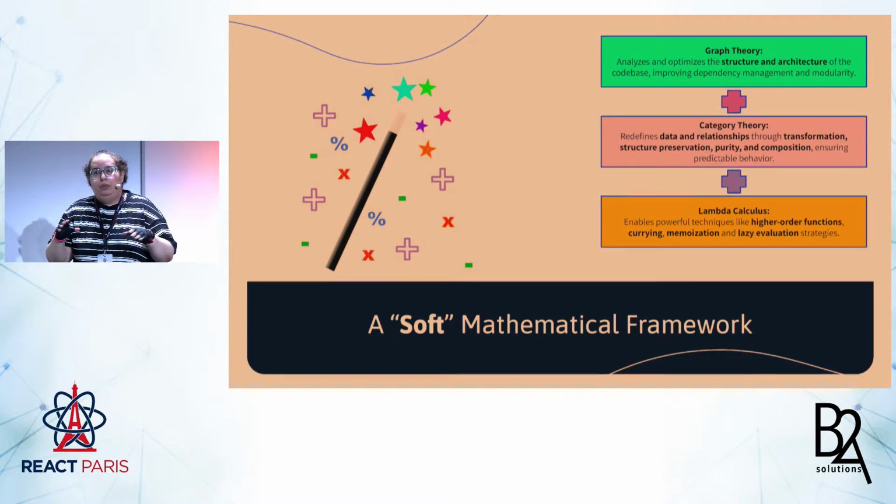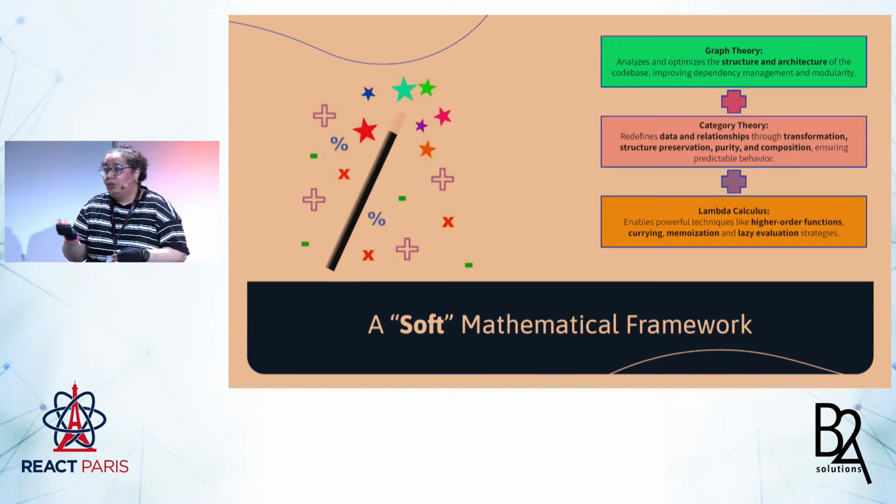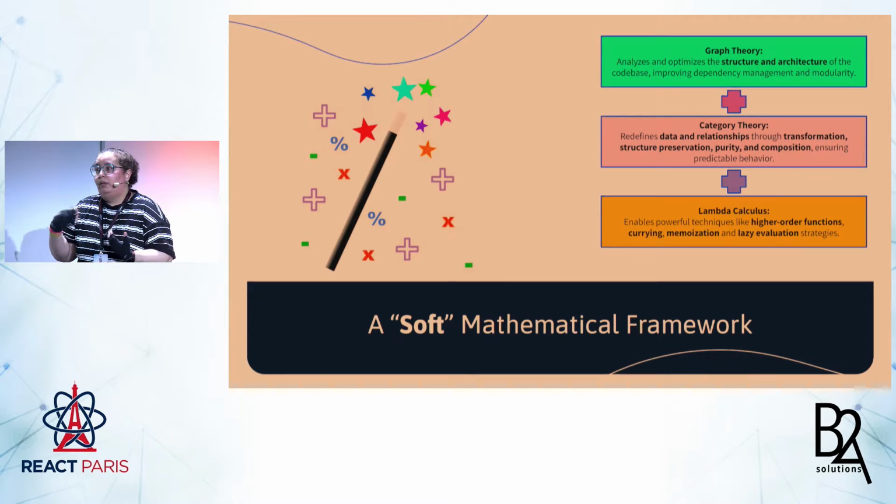Then we will work inside functions in order to correct bad smells of functions, like mutability, like having big functions, like having functions that accept many parameters. Then we will use Lambda Calculus in order to enable features like lazy evaluation and memoization.